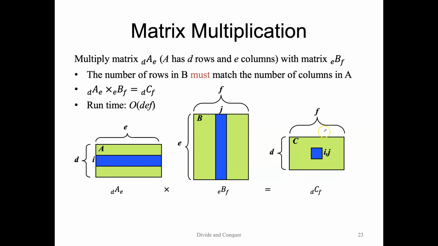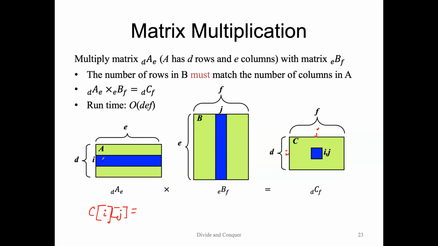Now, how we end up computing this matrix is we'll figure out what value belongs in each one of these cells. So if we want to compute, for example, the cell at row I and column J, what value should be stored here, we're going to go through all of the elements in A in row I and all of the elements of B in column J and multiply them together.